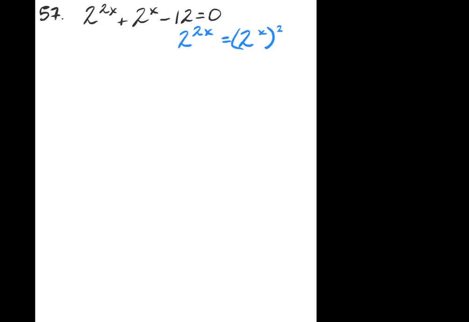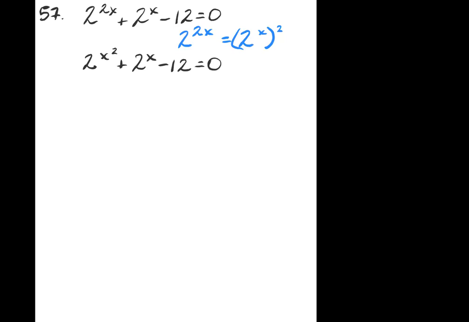Okay, so if we do that, we're going to now have 2 to the x squared plus 2 to the x minus 12. And we're going to have a quadratic.